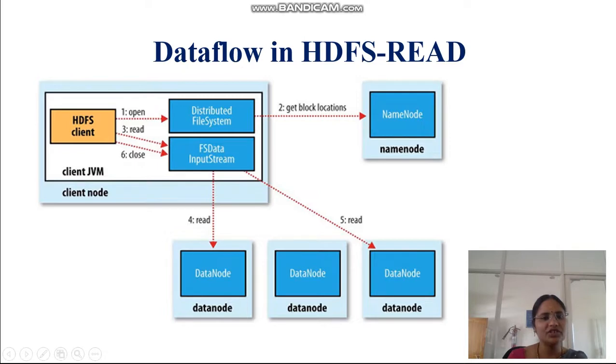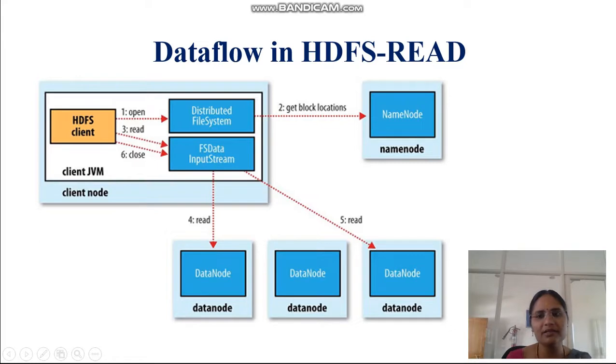HDFS clients who want to utilize HDFS storage first contact, in step 1, the DFS, the distributed file system. This file system gets the block locations, that is, in which data node the data the client wants is available.